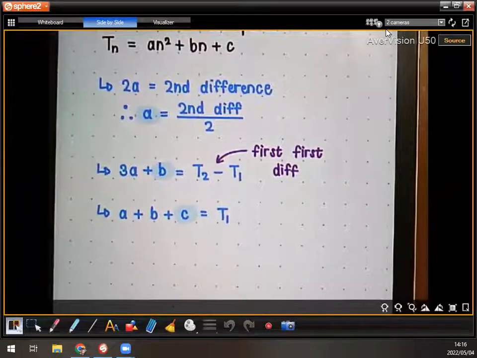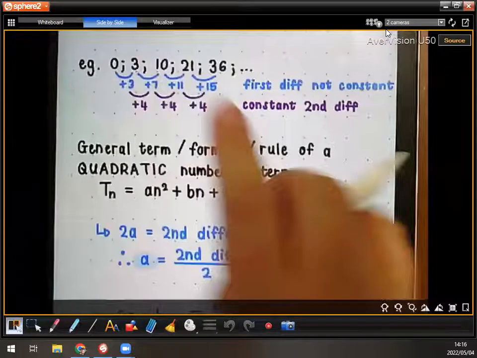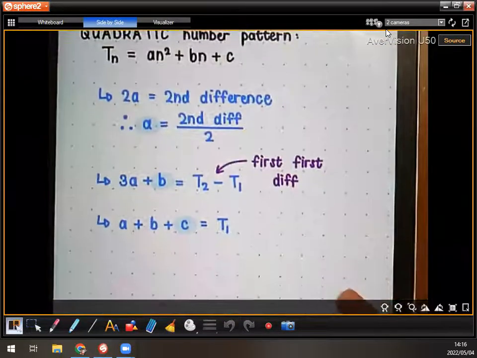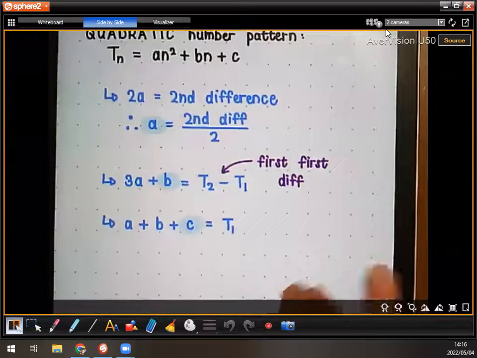I wanted to do an example quickly. I wanted to find Tn of this number pattern that we've done up here, just so that you can see how this works. Do you have space on the slide to do the calculation? You can do it underneath.